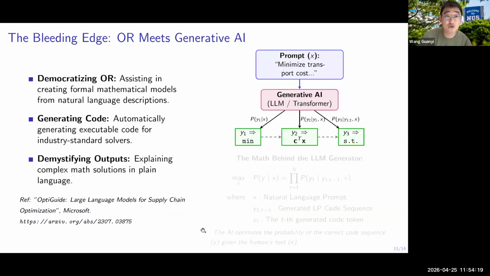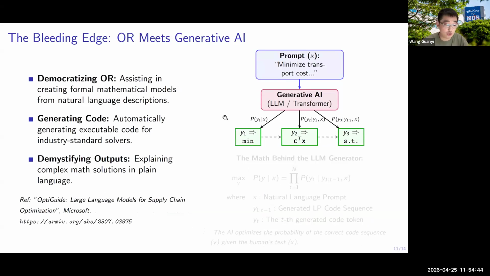Okay, let's move on. This is, I think, the last example I would like to share with you. If we go a little bit further, let's see how operations research works with generative AI.